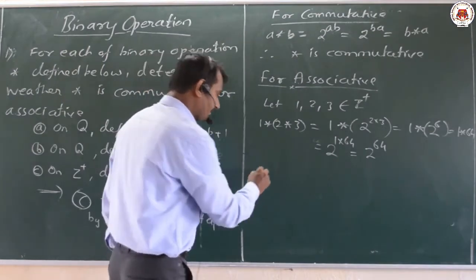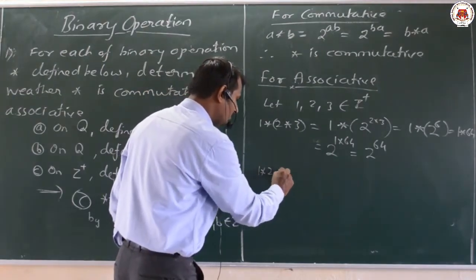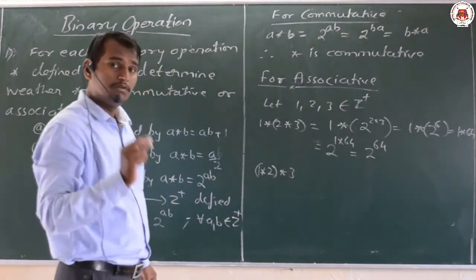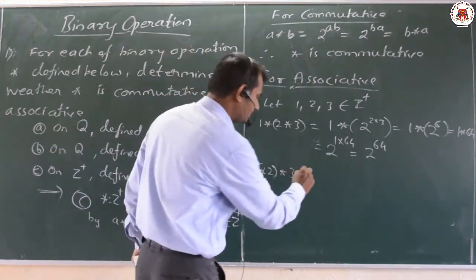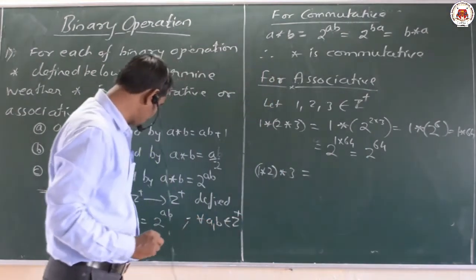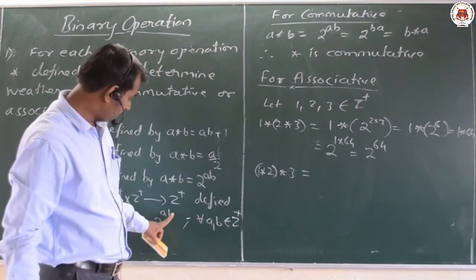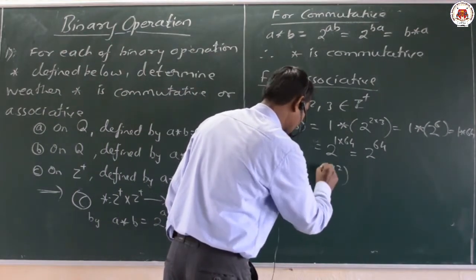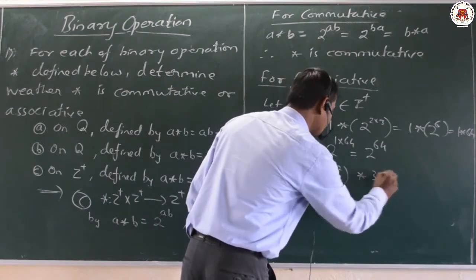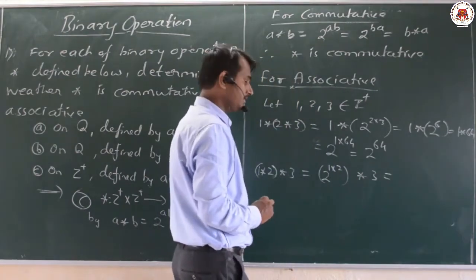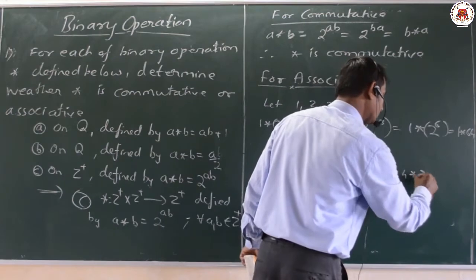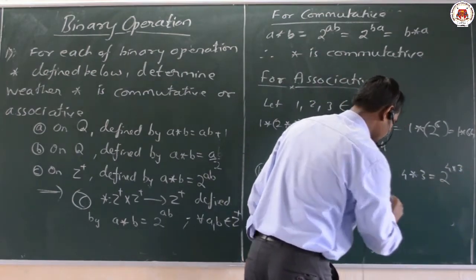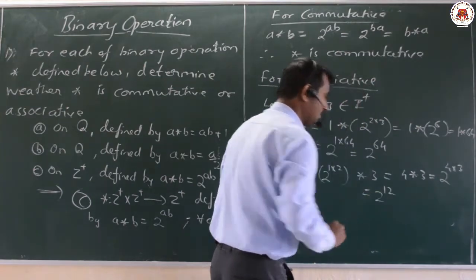Okay, the first thing. Next one is (1 star 2) star 3. Dear students, pay attention. What is the value of that? That is 1 star 2. 1 star 2 means 2 to the power of 1 into 2, which is 2 to the power of 2, that is 4. Then 4 star 3. 4 star 3 means 2 to the power of 4 into 3, that is 2 to the power of 12.